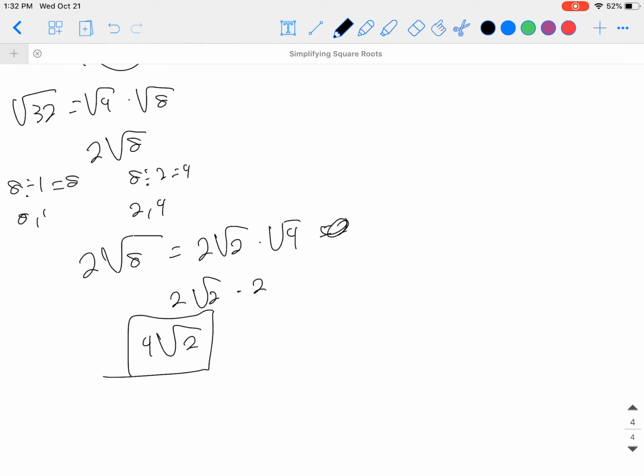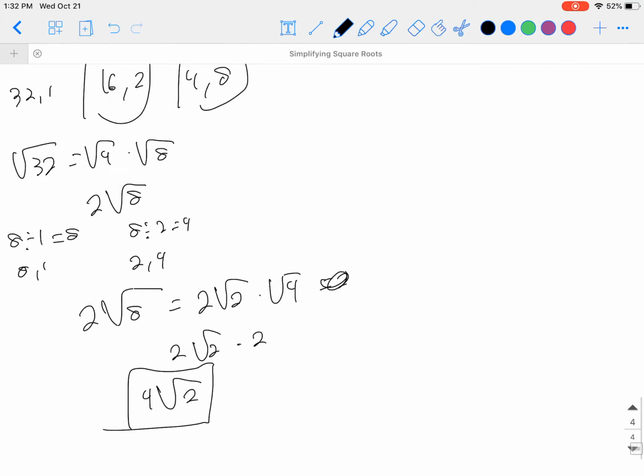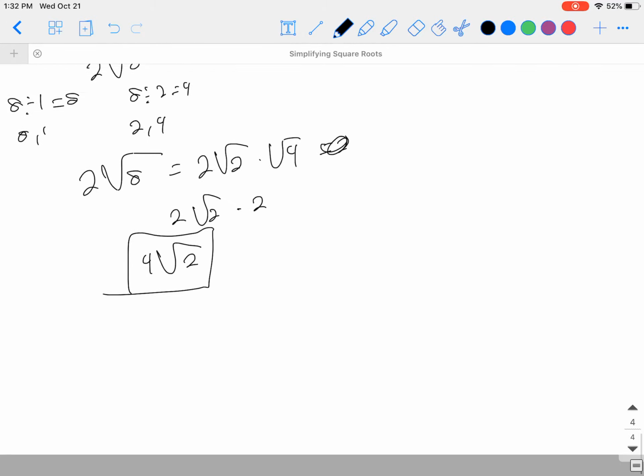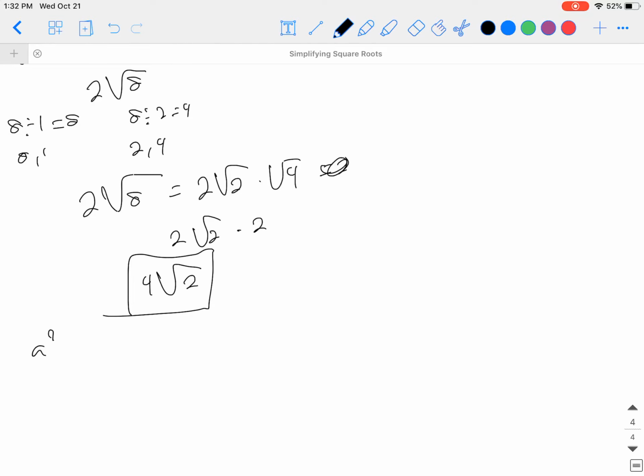Okay? Now, let's get into the a to the 9th. So, remember, if we use the product rule for exponents, we can write a to the 9th as a to the 5th times a to the 4th, since a to the 5th plus 4 equals a to the 9th.